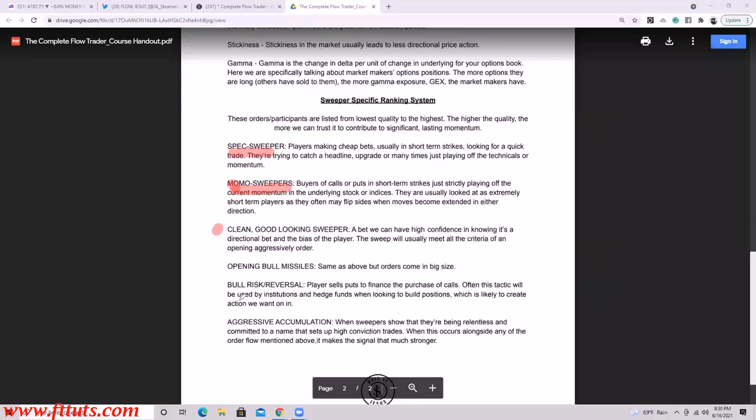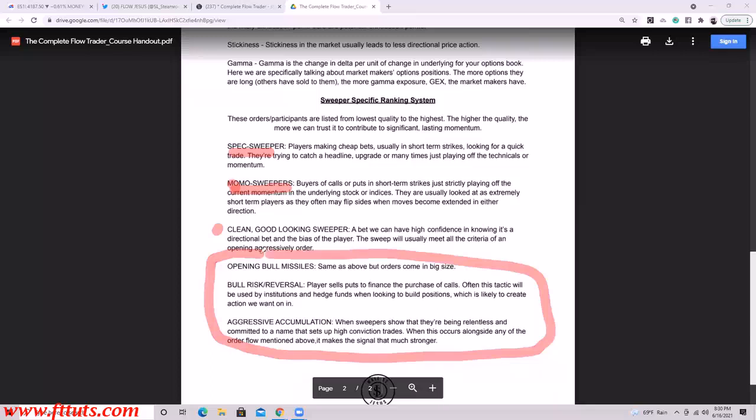You know what I mean? A lot of people have a problem because this type of action doesn't show up all the time in names that they like, at the time when they're interested in those names. That's the issue.